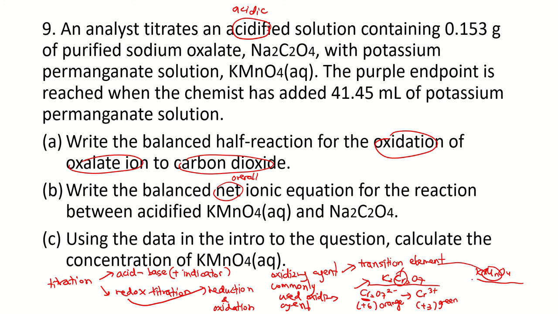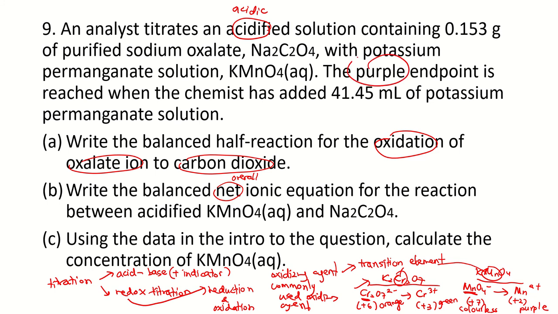Now the permanganate ion reduces into Mn2+. The oxidation number for manganese in this permanganate ion is +7, so it reduces to +2. When the oxidation number of manganese is +7, it is purple; meanwhile, when it is +2, it is colorless.